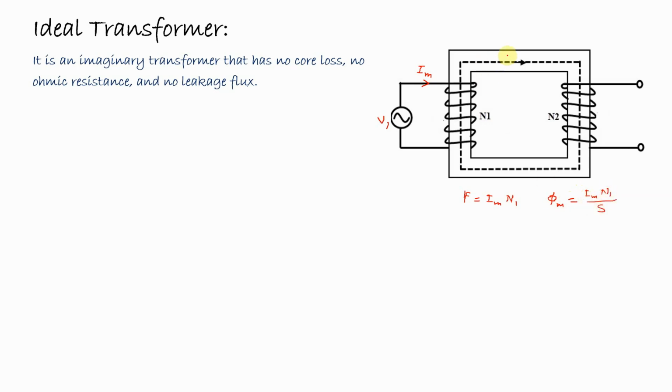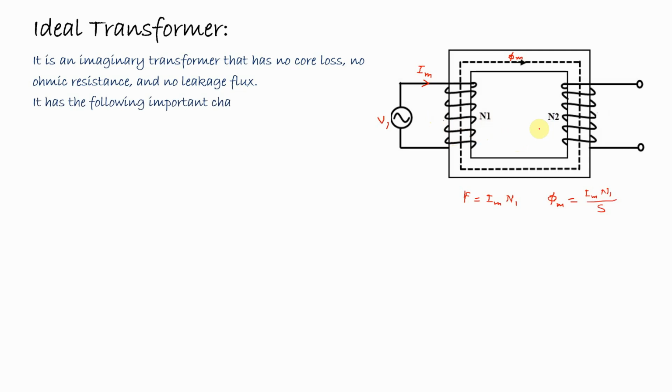This mutual flux will circulate through the core of the transformer. It will cut both the primary as well as the secondary winding, and according to Faraday's law of electromagnetic induction, the EMF will be induced in the primary as well as in the secondary side. That will be discussed later, but now the ideal transformer.